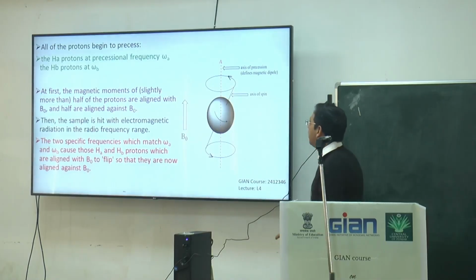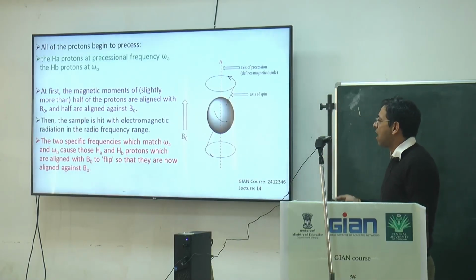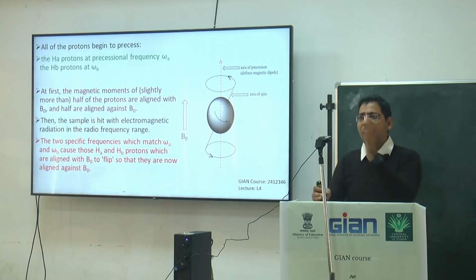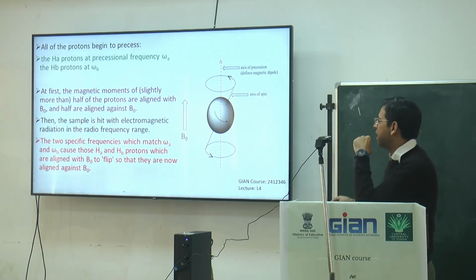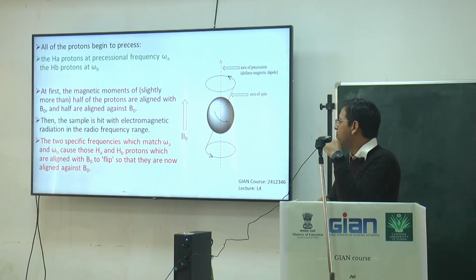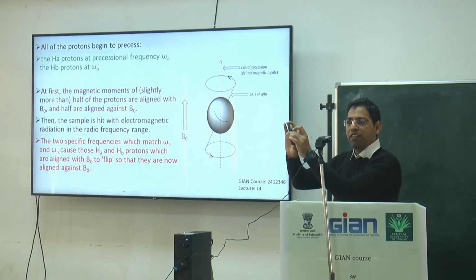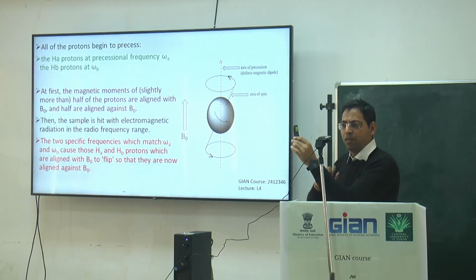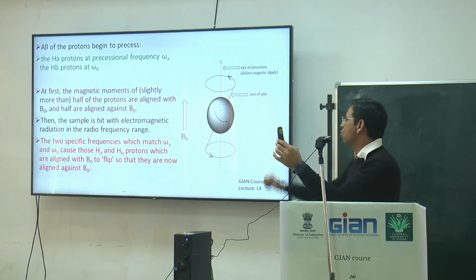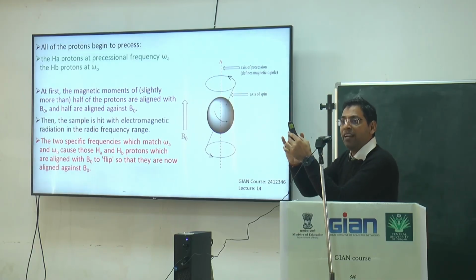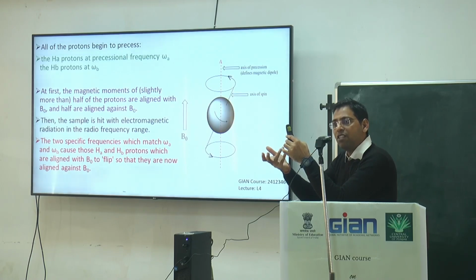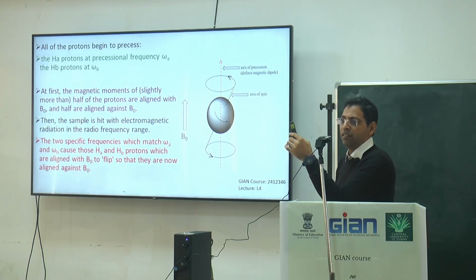At first, the magnetic moments of half of the protons are aligned in the same direction as the magnetic field, and half are aligned opposite to the field. Now if you expose your sample to electromagnetic waves, the half that was not aligned also aligns, and after some time they go back to their natural alignment.